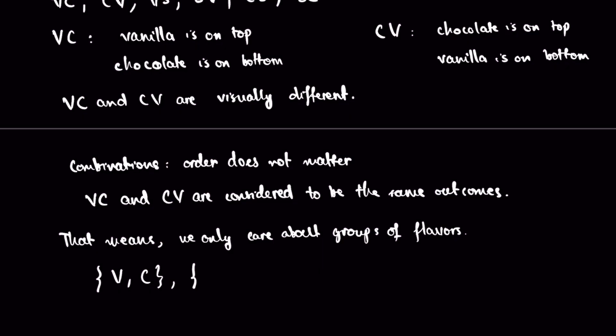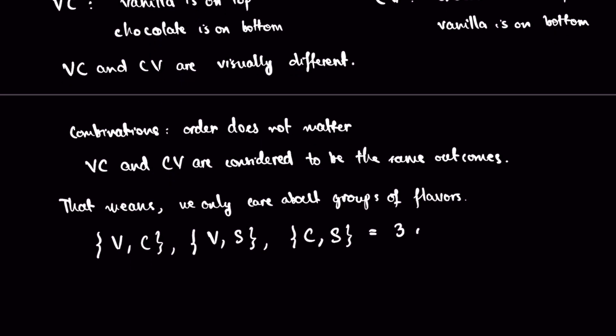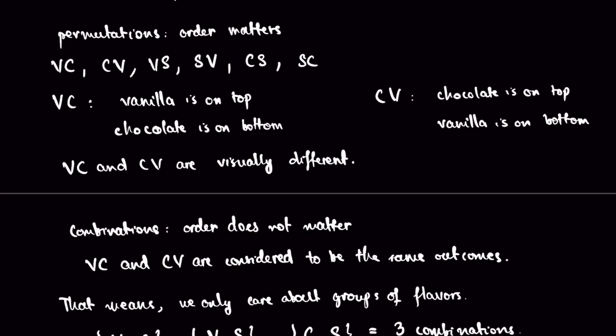The second group is vanilla and strawberry. And the third group is chocolate and strawberry. So there are only 3 combinations in this scenario. Most of the time, the number of permutations will be greater than the number of combinations. So hopefully this example illustrates the differences between permutations and combinations.